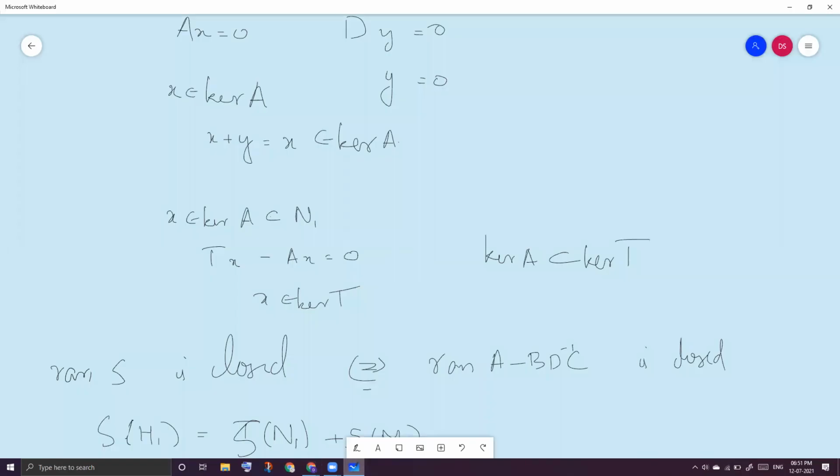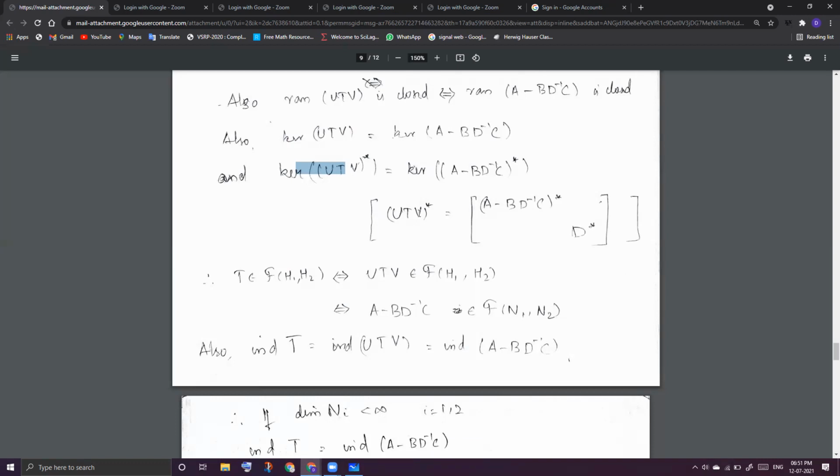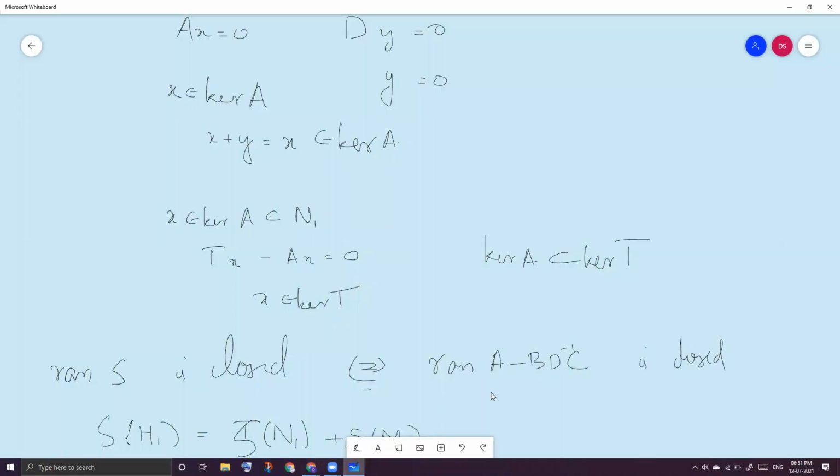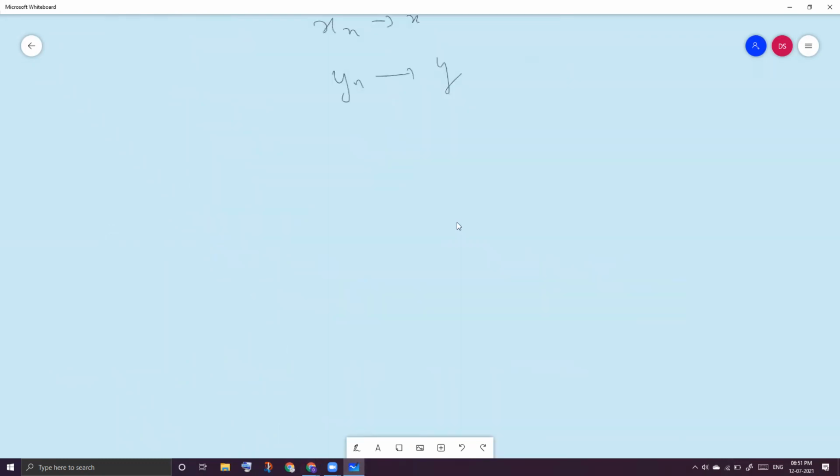Proving that UTV star is equal to this matrix, again we use the definition of adjoint and show that it is the same.